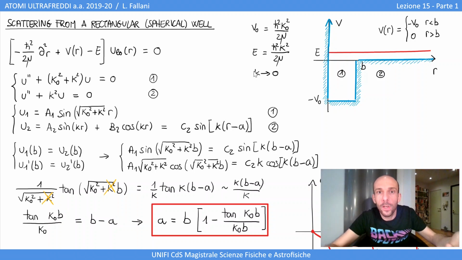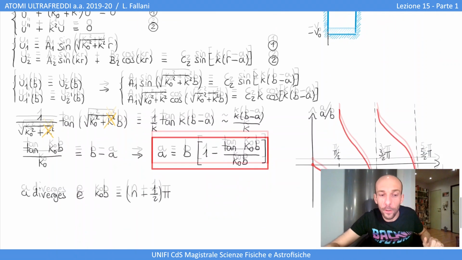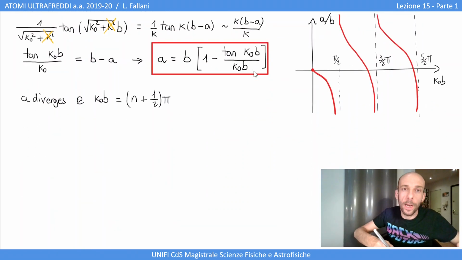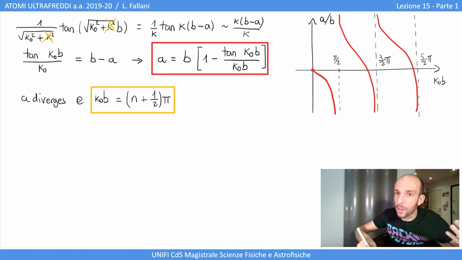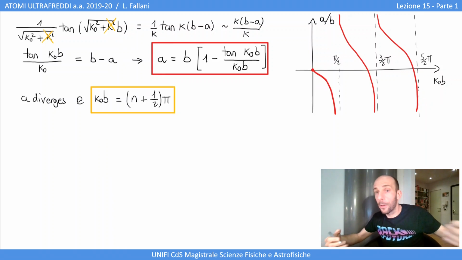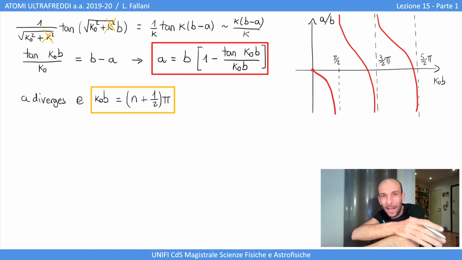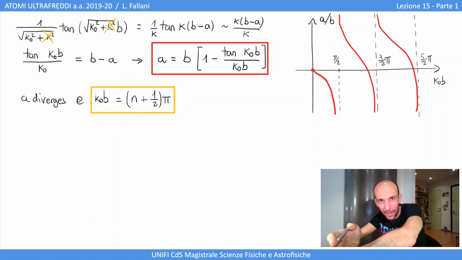There should be a resonance in correspondence of which, and this k0b equal to n plus 1/2 pi is the resonant condition that corresponds to this process. So there should be some enhancement of scattering length. And this is a kind of strange enhancement because this comes from infinitely attractive on one side to infinitely repulsive on the other side.